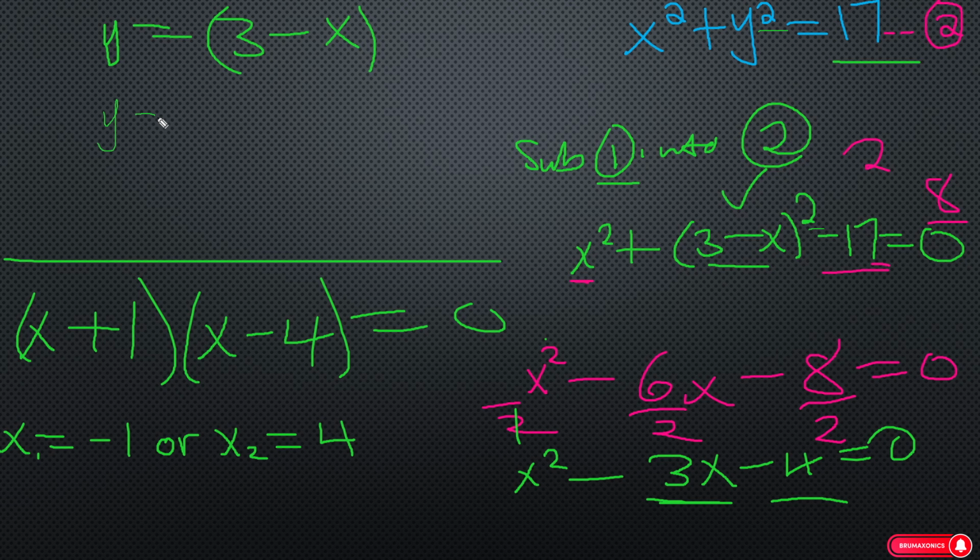3 minus x, and then y is equals to, we substitute the first one, 3 minus into minus 1. This one will be positive, and then this will give us a 4 for y1, and then y2 will equal 3 minus 4, which is equals to -1.